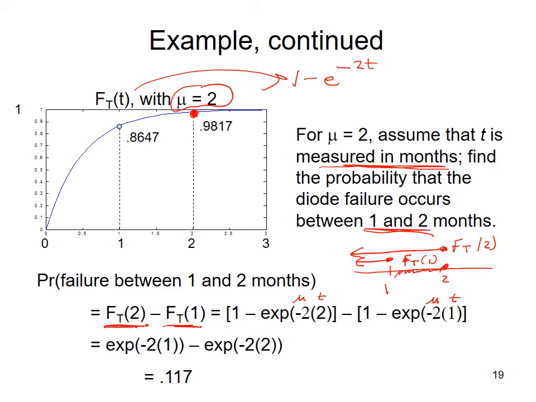And when we subtract those off, remember the 1's cancel, and you get e to the minus 2 times 1, subtract off e to the minus 2 times 2. That turns out to be 0.117. Alright? So that's the probability then that the part fails between 1 and 2 months. Okay.